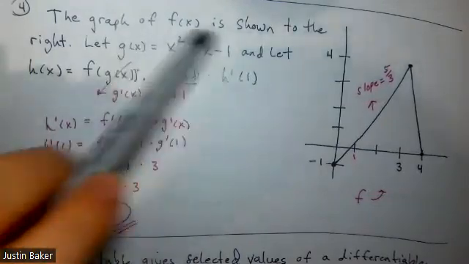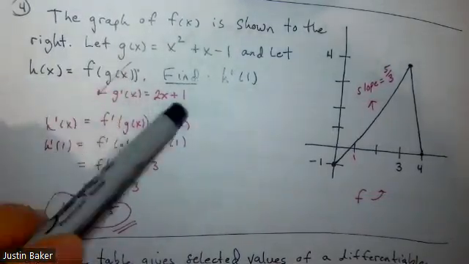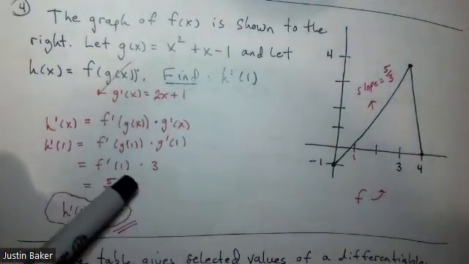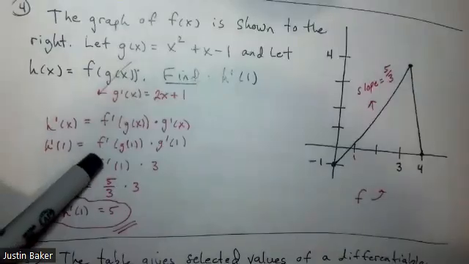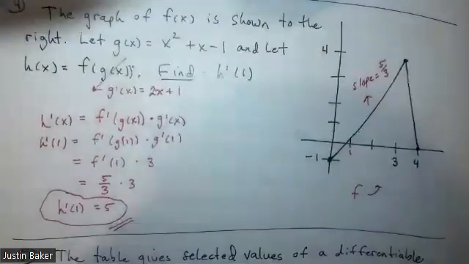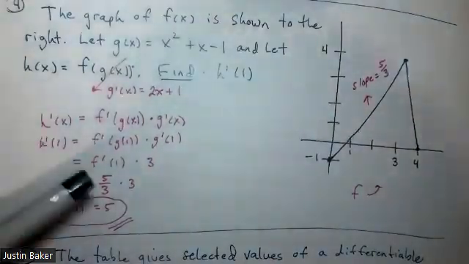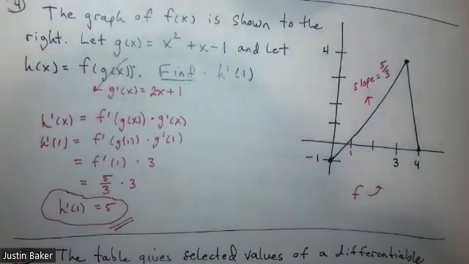That's from plugging in up here. G prime of 1, we need to find g prime, which is the derivative. G prime of 1 would then be 3. And then we need to locate f prime of 1. Well, how do we locate f prime of 1? That's going to be the slope of this line, which is 5/3. And then 5/3 times 3, that should give you 5. Okay.